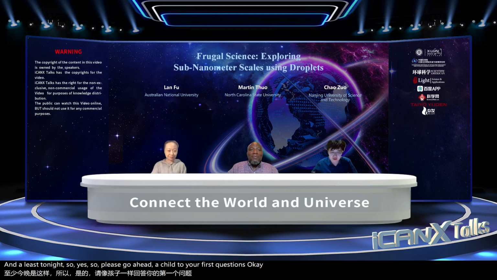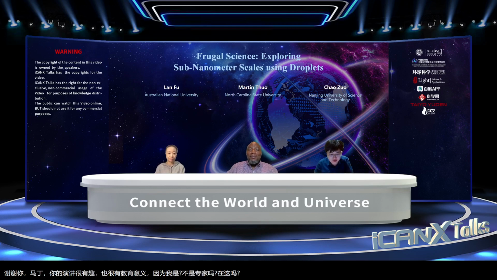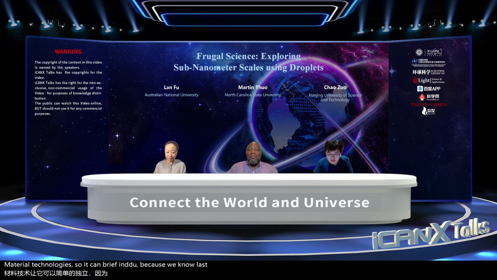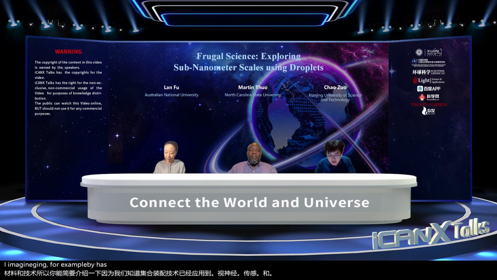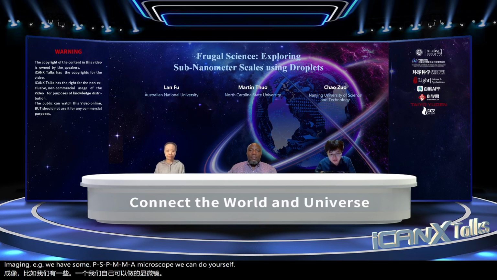Thank you, Martin, for the very interesting and instructive talk. Because I'm not an expert on this material nanotechnology, can you briefly introduce it? We know that assembly technology has been applied to optical sensing and imaging. For example, we can take PMMA microspheres and do self-assembly to make microlens arrays for imaging, especially for integral imaging, or what we call light field imaging.